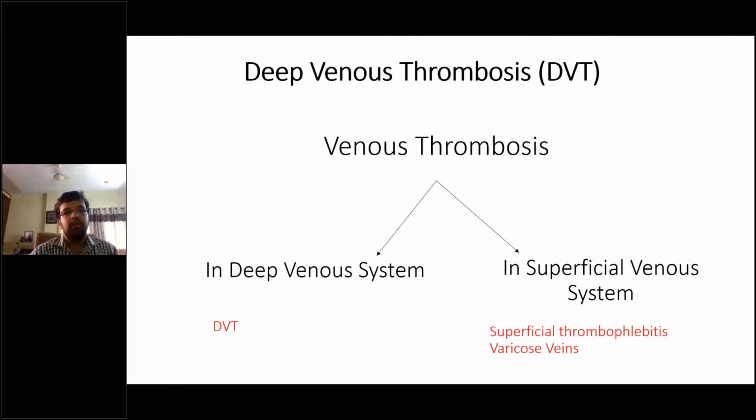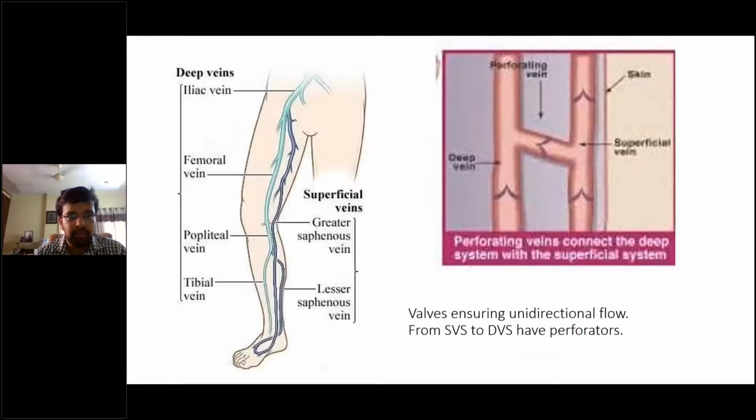Okay. So coming to DVT, which is deep venous thrombosis. Why is it called deep? Basically, venous thrombosis can occur in both the deep venous system and the superficial venous system. Talking about the lower limb veins, we have the deep veins and the superficial veins. The deep veins would be the tibial vein, the popliteal vein, femoral, continuing into the iliac vein, while the superficial venous system consists of the great saphenous vein and the lesser saphenous vein.